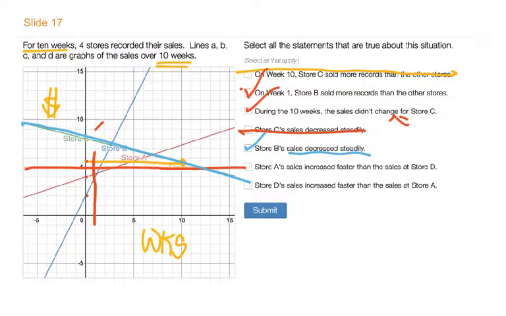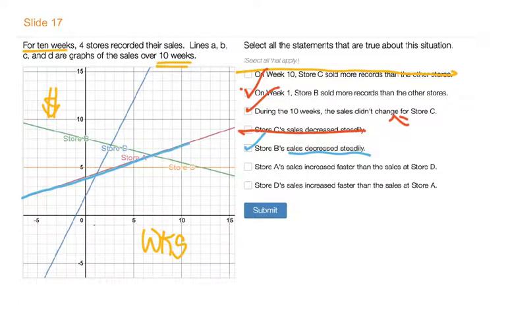Store A. Sales increased faster. Increased faster. So I'm going to erase all my points right here. We're going to look at store A. Did store A, so take a look, there's store A. Did that increase faster than store D's?